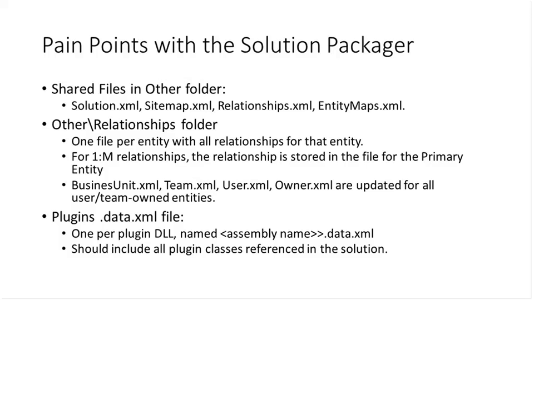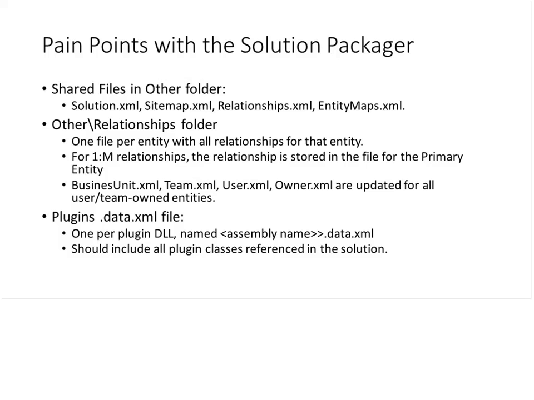Then for the relationships of each individual entity, there's a file in a folder called Other Relationships. There's one file per entity with all the relationships for that entity if you've added the entity to the solution. Then for one-to-many relationships, the relationship is stored in the file for the primary entity, so that's also important to understand. But it's fairly easy to work with these files.